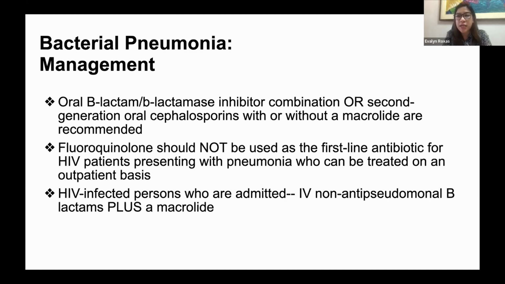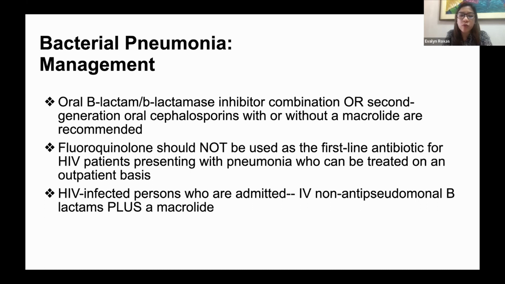There is a set of antibiotics recommended for bacterial pneumonia: beta-lactam beta-lactamase inhibitor combination, or second generation or third generation cephalosporins, with or without macrolides.